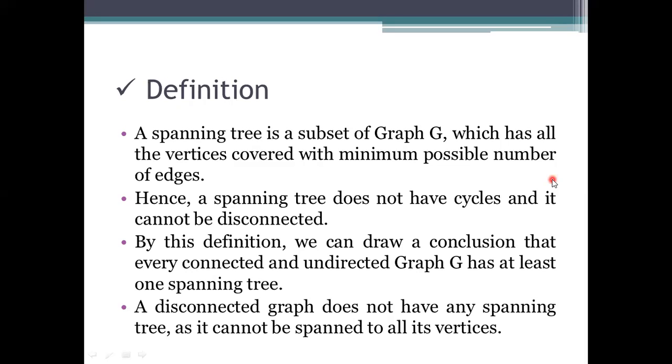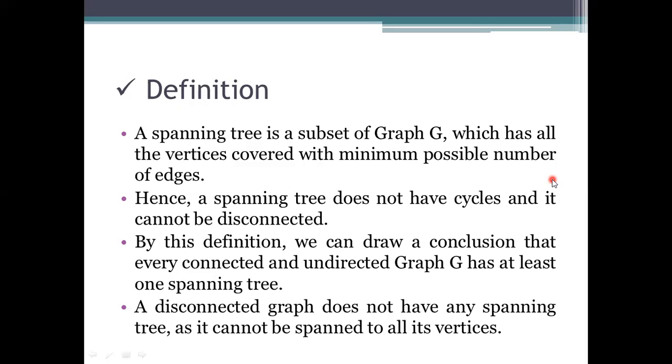It's a subset of the graph which we took as an example, and it doesn't have any cycles. Cycles mean a closed path representation.